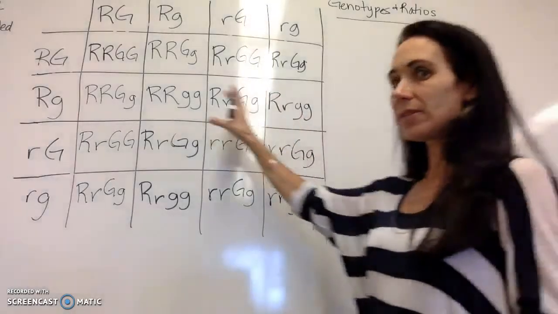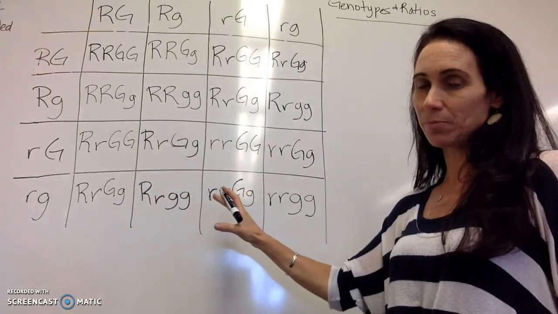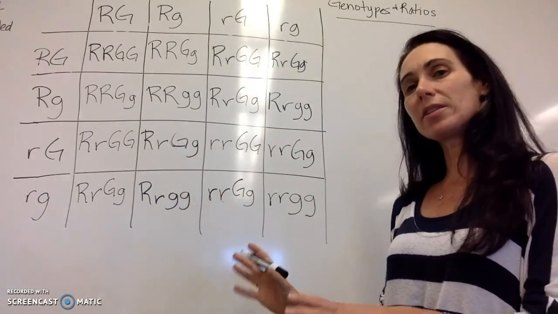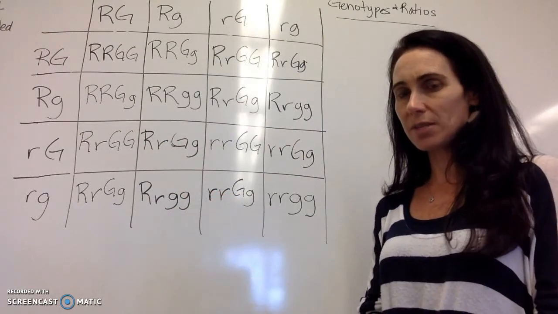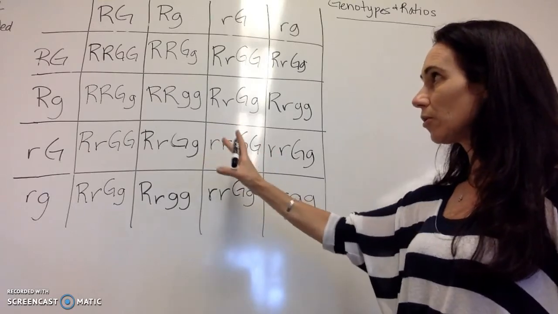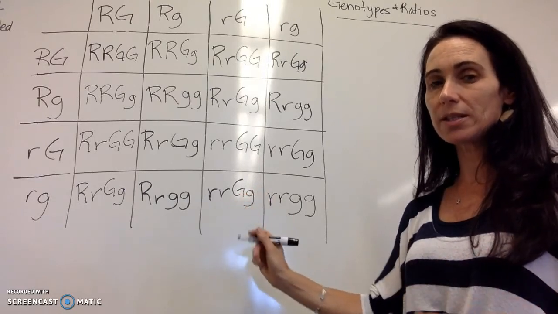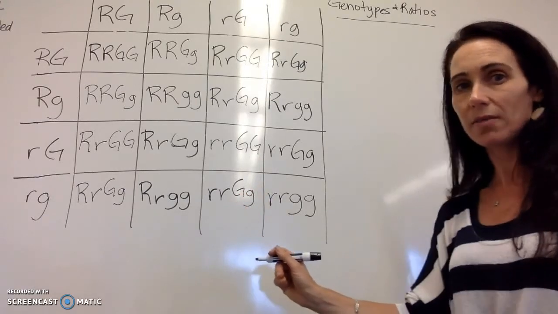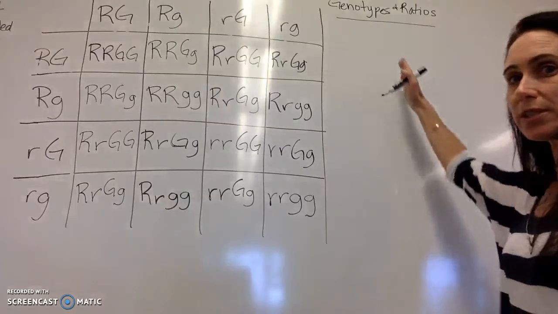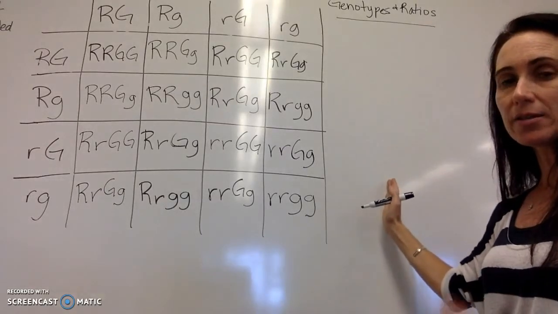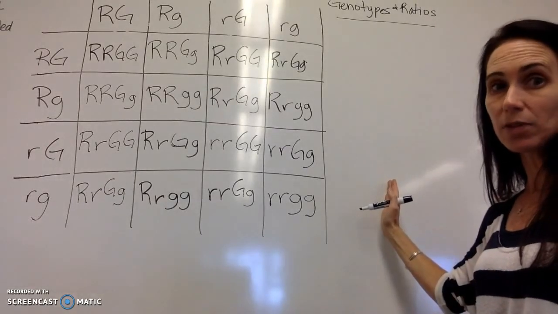The next step is to determine the number of genotypes produced by this parental cross. So, although we have 16 boxes in this Punnett square, it doesn't mean that there are 16 different genotypes here. So what we need to do is go through and count each different genotype that appears in the interior boxes of the Punnett square. And what we'll do is we'll just list them here and list the different ones as we go.